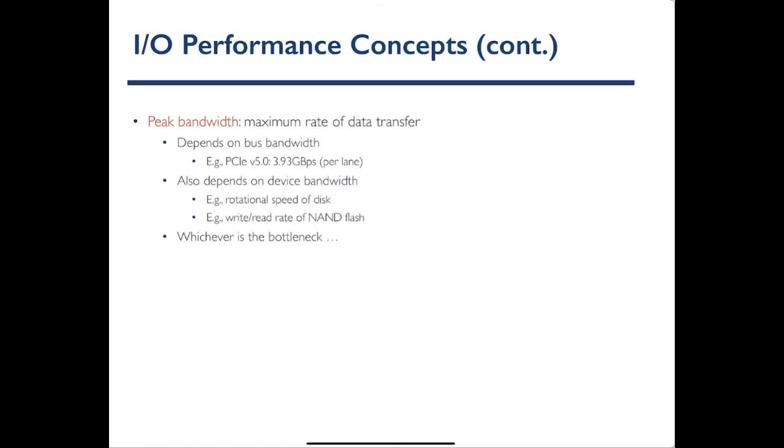The other component that is important to identify the peak bandwidth is how fast your device itself is in transferring data. You might have a really fast data bus, but your device is slow in sending or receiving the data.